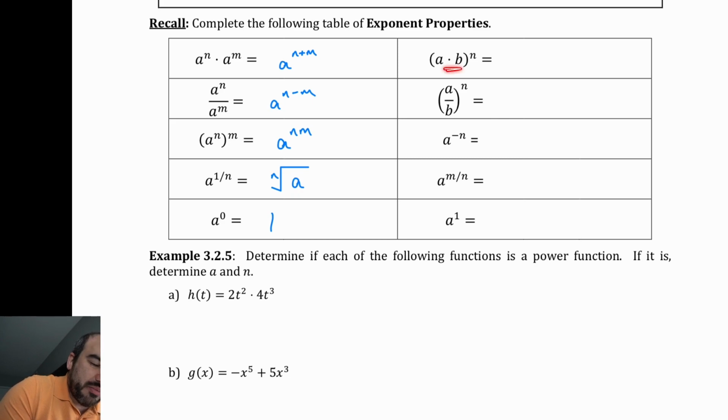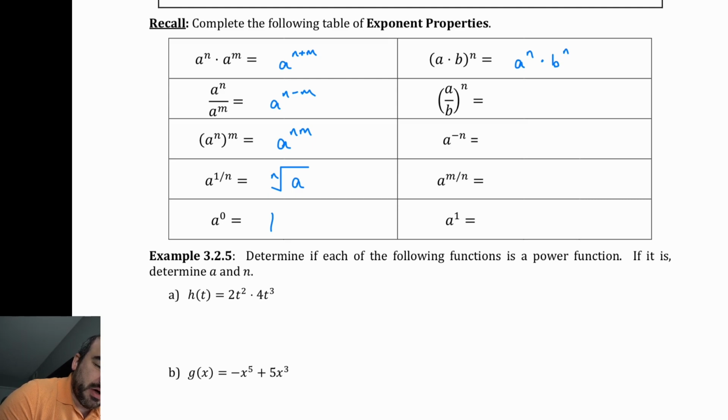Next, we have a couple of terms multiplied together, and then that product is raised to an exponent. What we can do is separate this by taking the exponent and putting it on each of the individual factors inside the parenthesis. And when it comes to division, we can do the same thing.